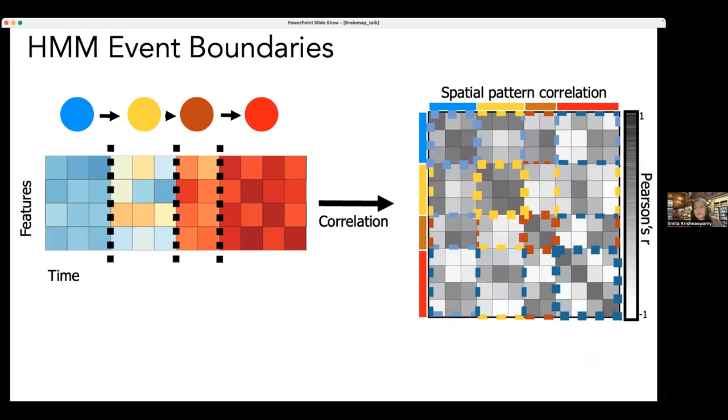What was interesting was we wanted to check if these boundaries corresponded with the boundaries people would draw by watching the movie. So that's what we did. We looked at other models people had for these kinds of boundaries. So this is an HMM event boundary model. And we looked at the correlation between the pattern and the boundary.